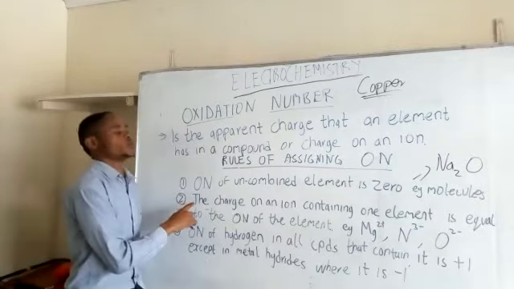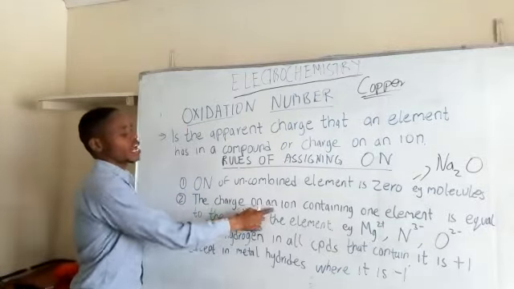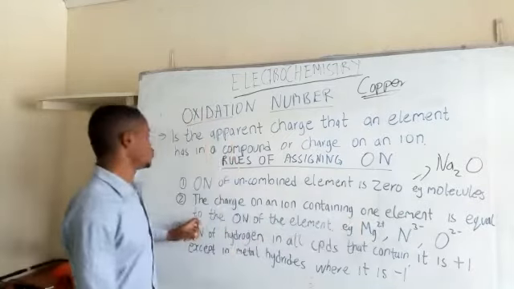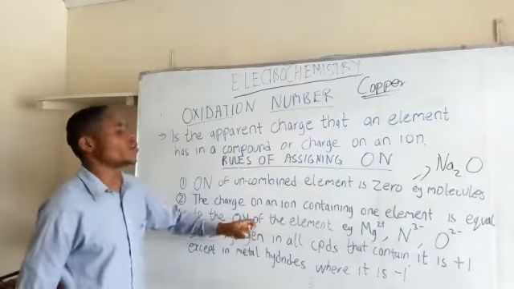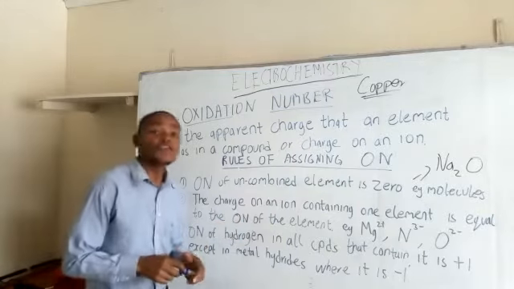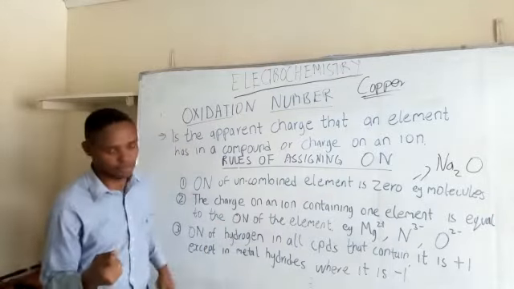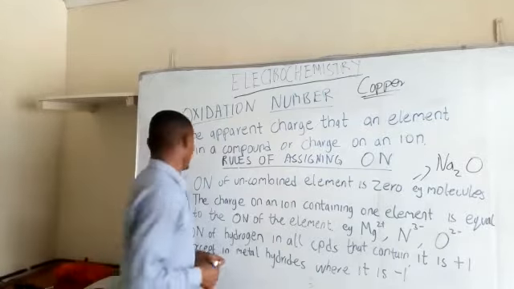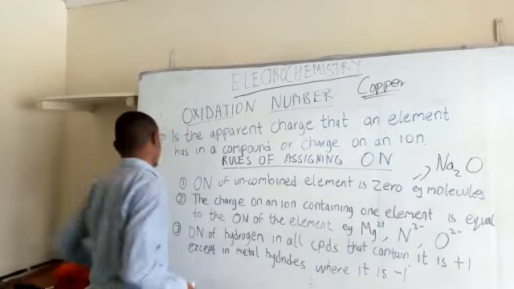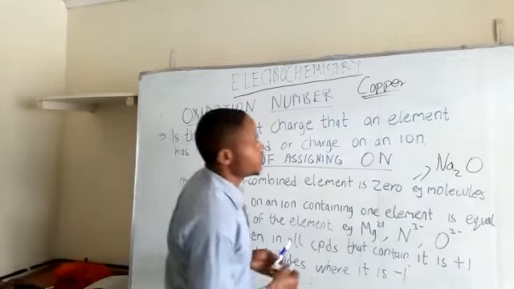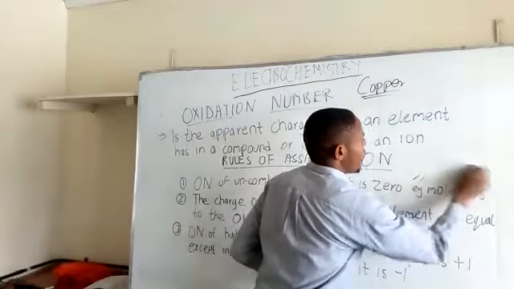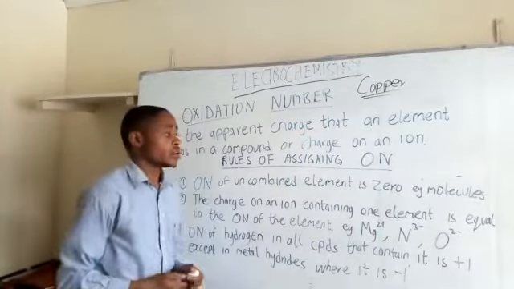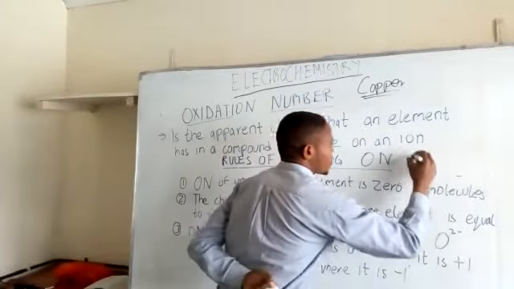Rule number 2, the charge on an ion containing one element is equal to the oxidation number of the element. If you have an ion, a good example, we can have an ion of sodium. So this is sodium ion.